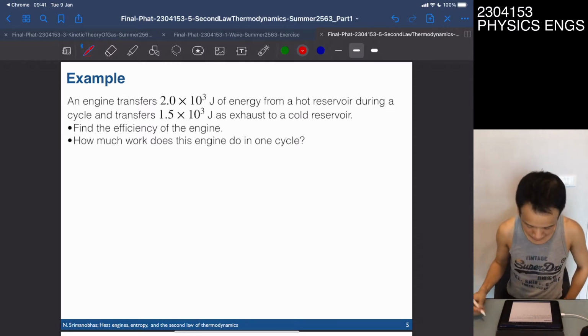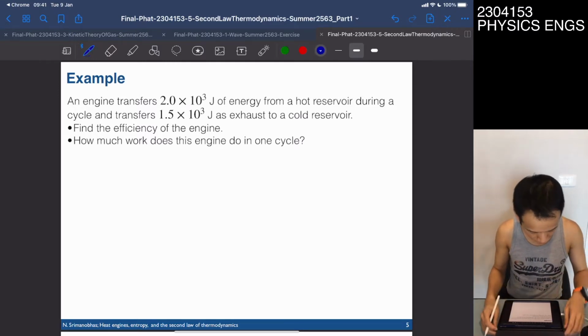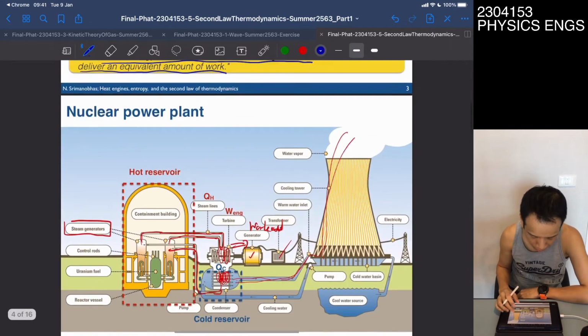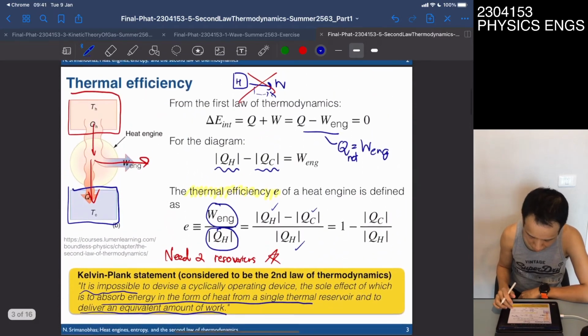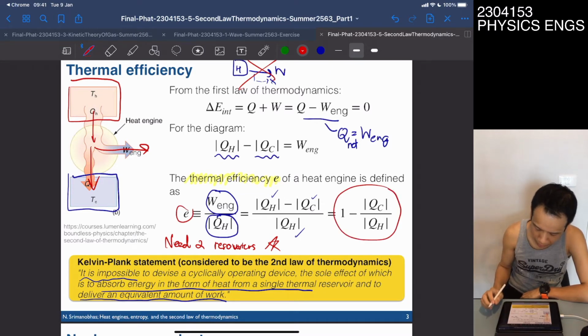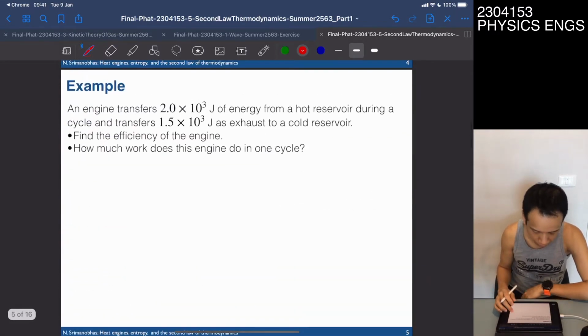Okay, so now can you work on this example? They would like to find the efficiency of the engine, right? The efficiency of the engine is defined by e, and it is equal to 1 minus the absolute value of Q_C divided by Q_H.